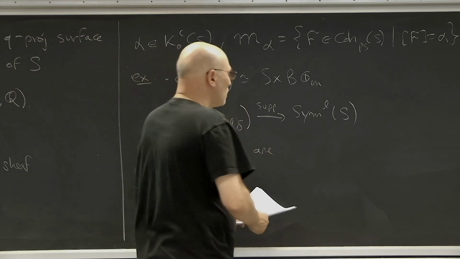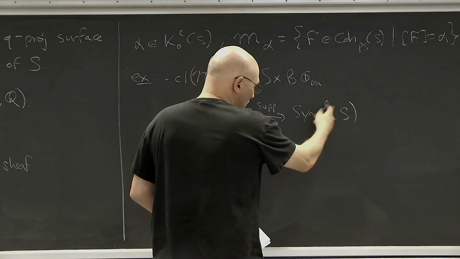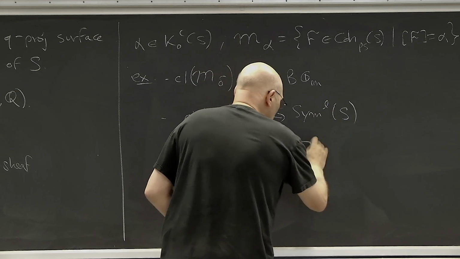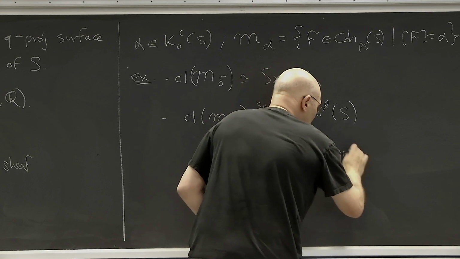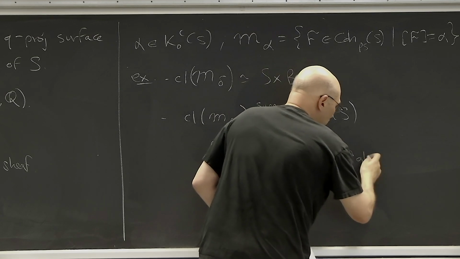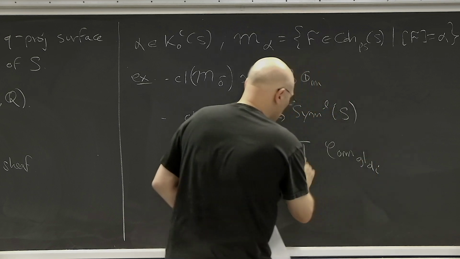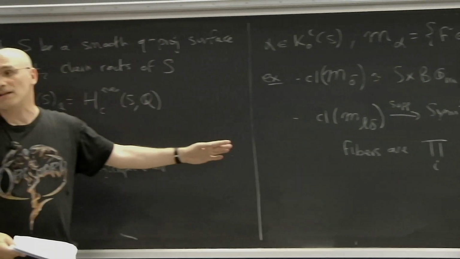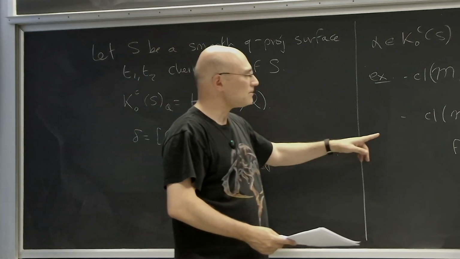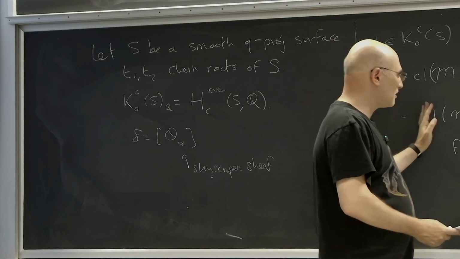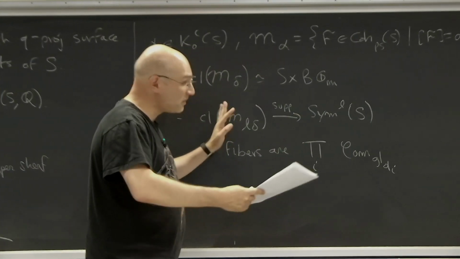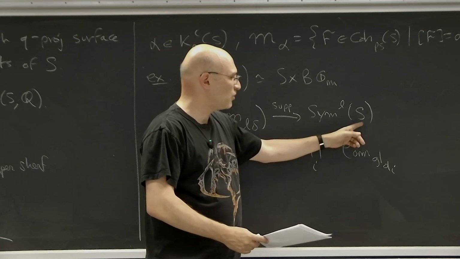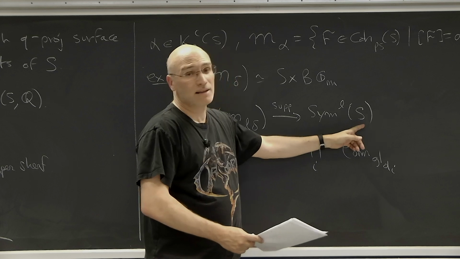And the fiber at one point, say, over n times x, is this product of commuting stacks of GL d_i. So it looks like a bunch of commuting stacks which collide together when points in Sym^L S collide.